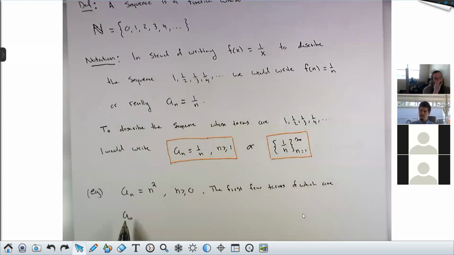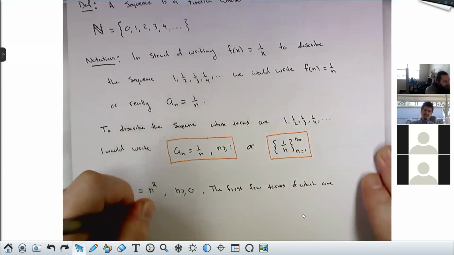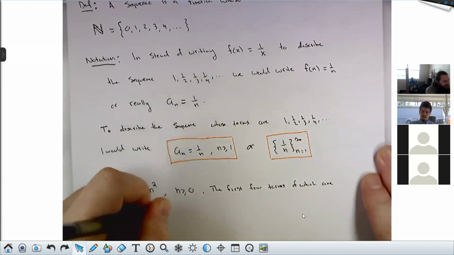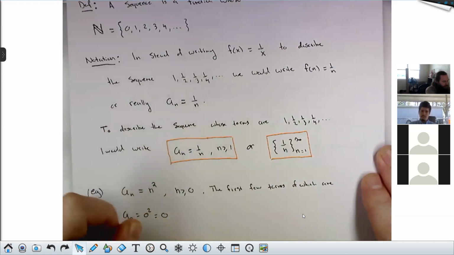And please be careful with the language here. Don't call this a to the 0. It's not a to the 0. That sounds like you're raising something to a power. You can read it as a0 or a sub 0 or even a of 0. All of those are fine, but please don't call it a to the 0. This would be 0 squared, which is 0. A1 would be 1 squared, which is 1.